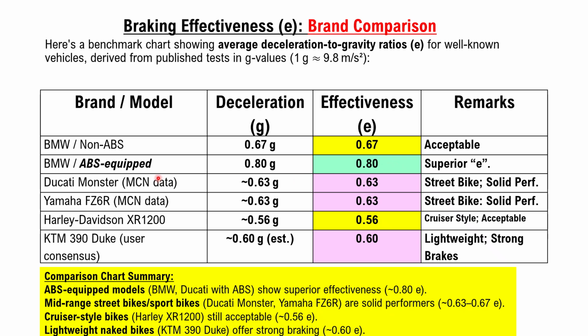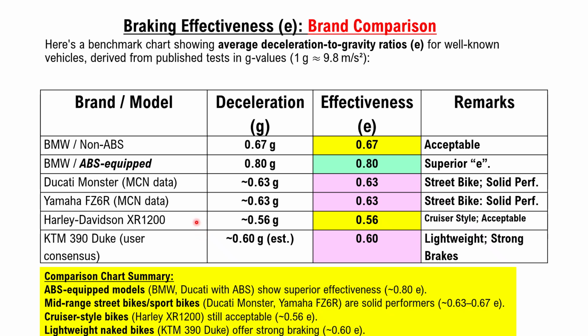Ducati Monster has a braking effectiveness of 0.63, Yamaha FZ6R 0.63. Both are street bikes, and their braking effectiveness value of 0.63 is indicative of solid performance.